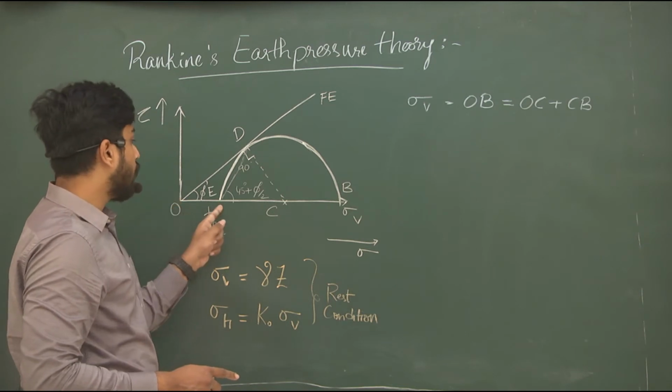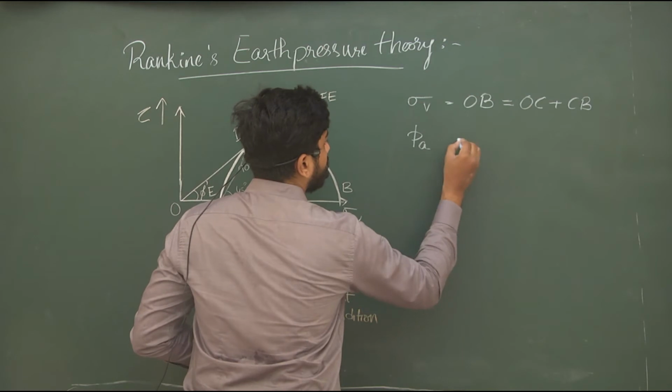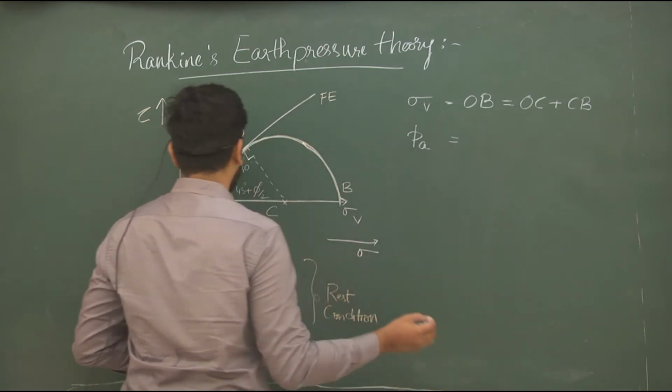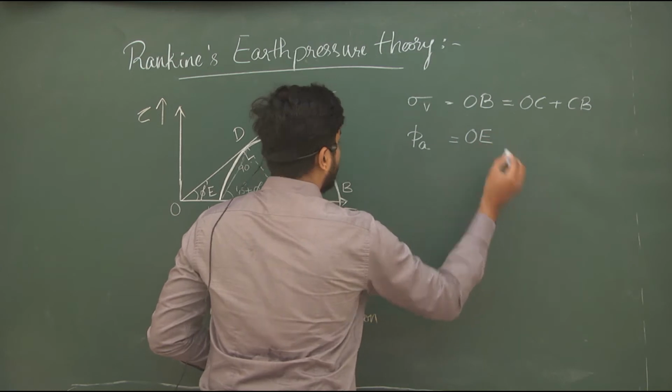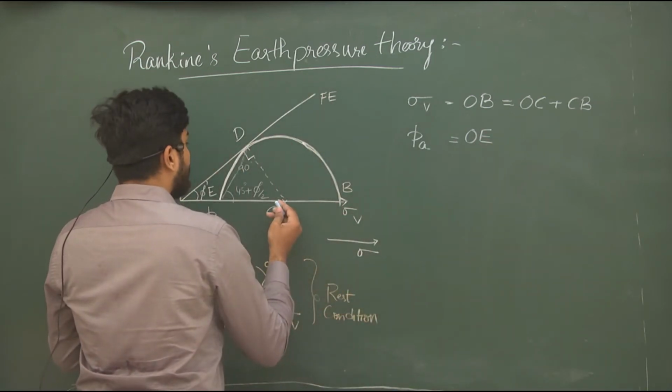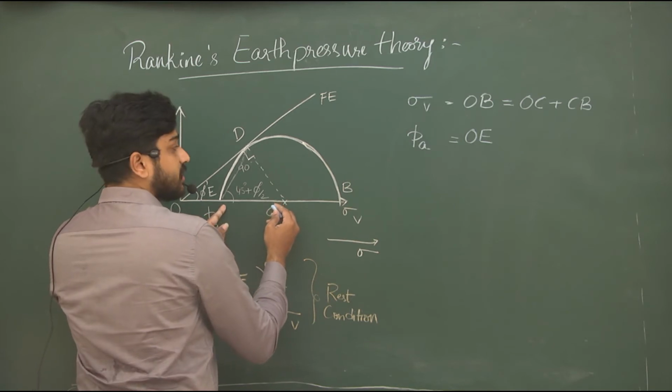This is OE. So the active pressure is nothing but OE, which I write as OC minus EC.